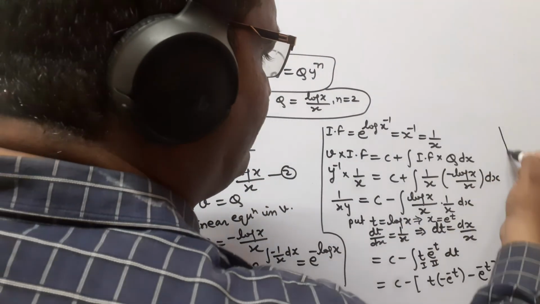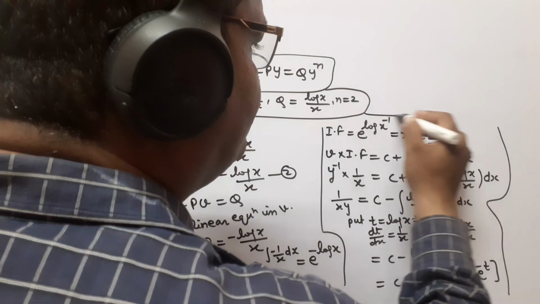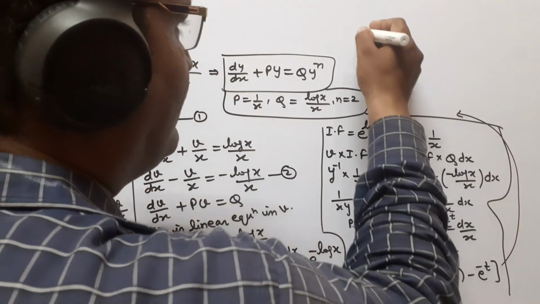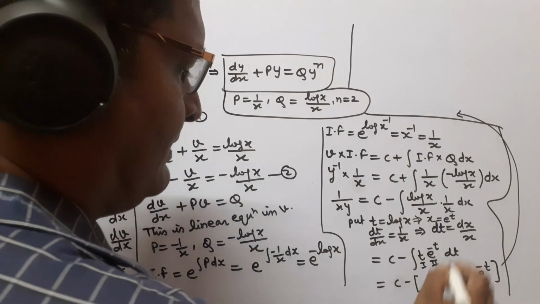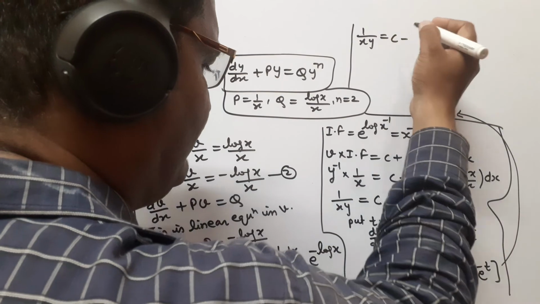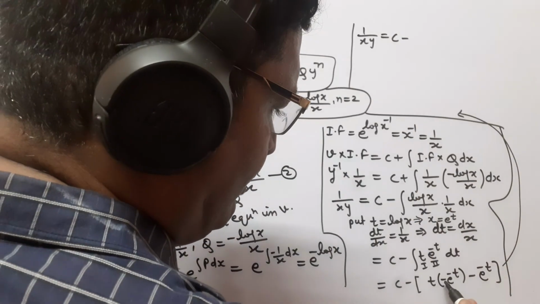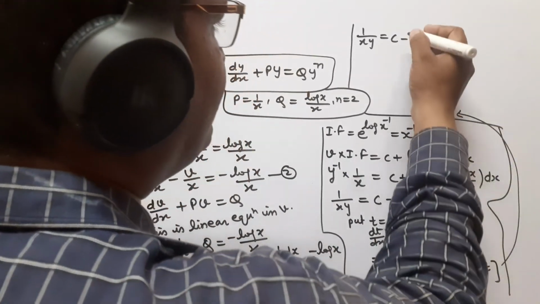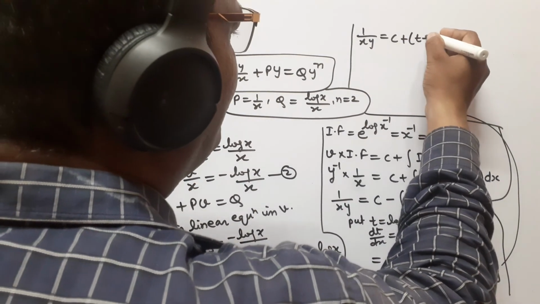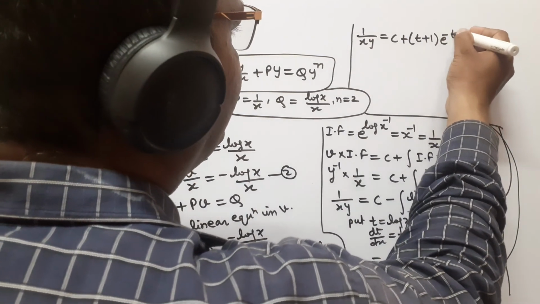So we can see here this can be written as 1 upon xy is equal to c minus, taking common minus e to the power minus t, so this becomes plus, and here t plus 1 times e to the power minus t.